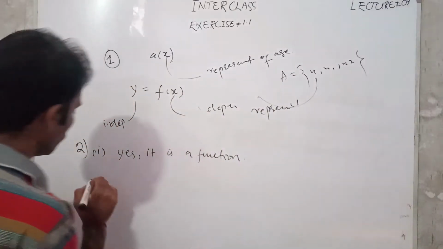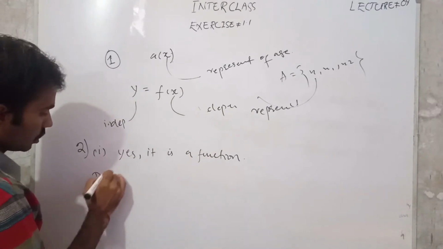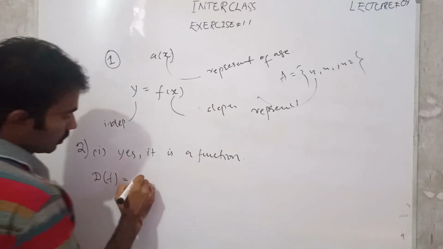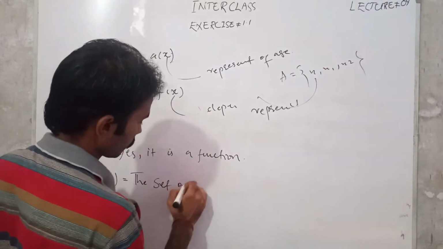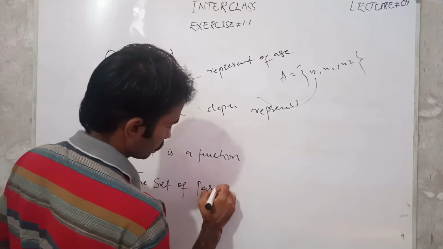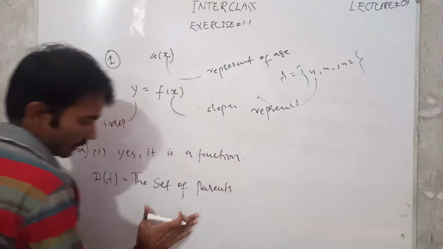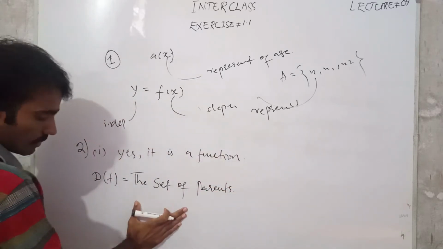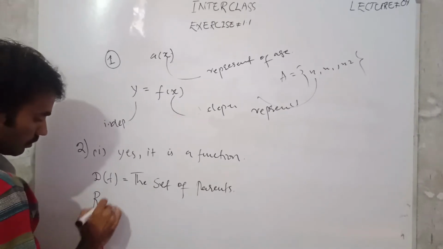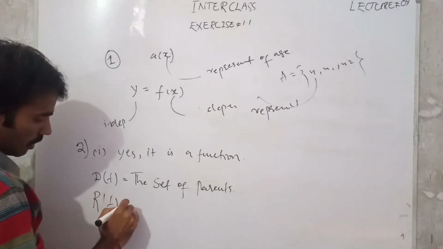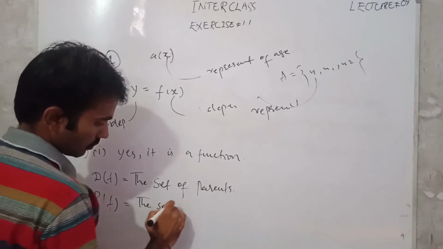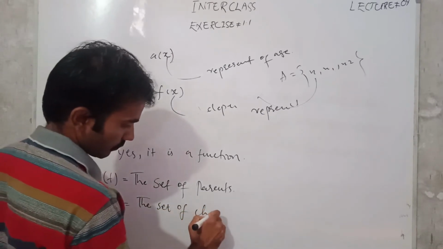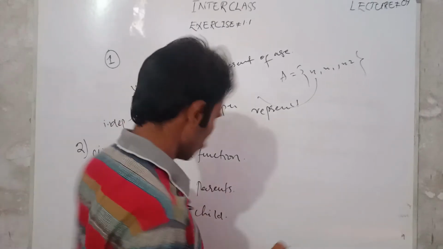We will find the domain: D of f is equal to the set of parents. This is the domain. And the range: R of f is equal to the set of children. This is the range.